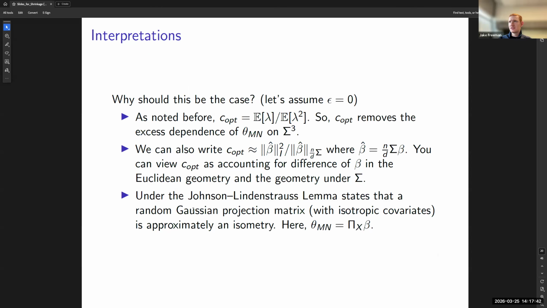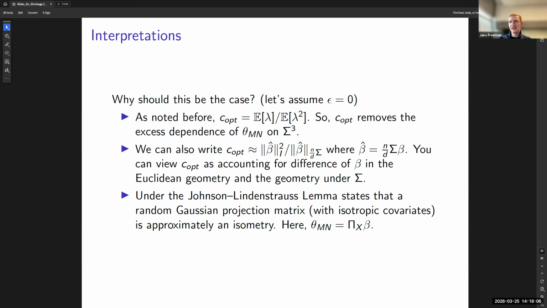Some interpretations here. One is that because of the anisotropicity, theta mn is overly aligned with sigma cubed compared to where it should be, and the scaling removes that dependence.